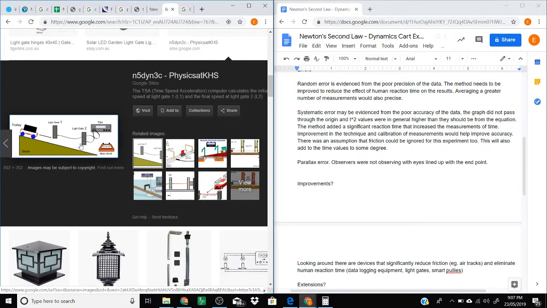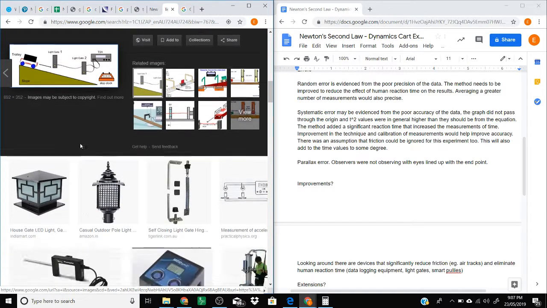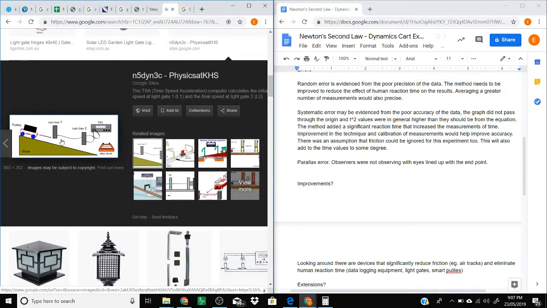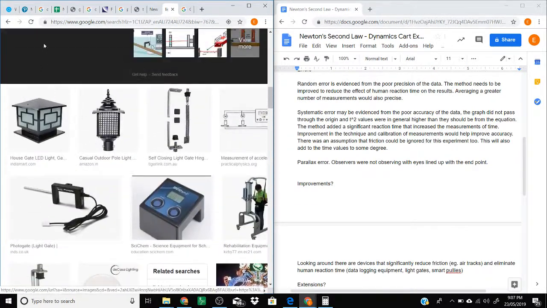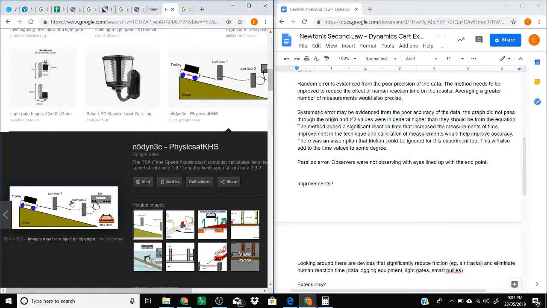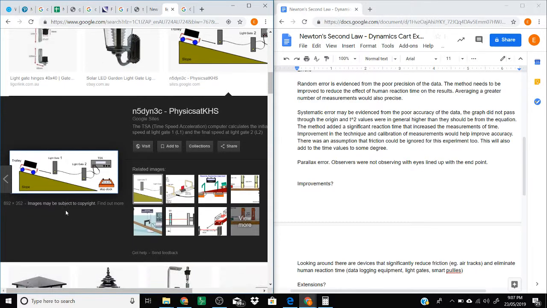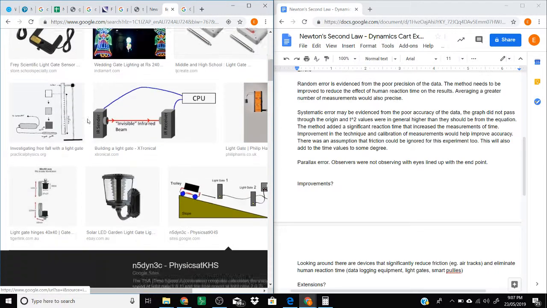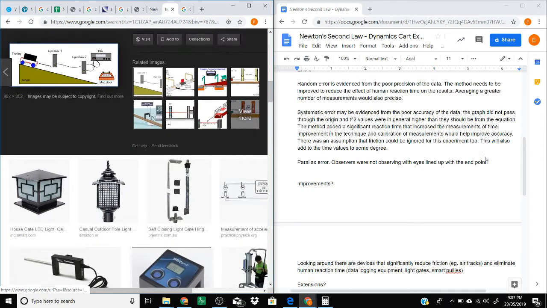If you use 2 pairs, you can measure acceleration as well. You have 1 pair close together to measure 1 speed, and then another pair not too far away, again close together, to measure the other speed. Then you can work out the average acceleration between those points. So light gates are kind of nifty, but we didn't use them for this experiment.